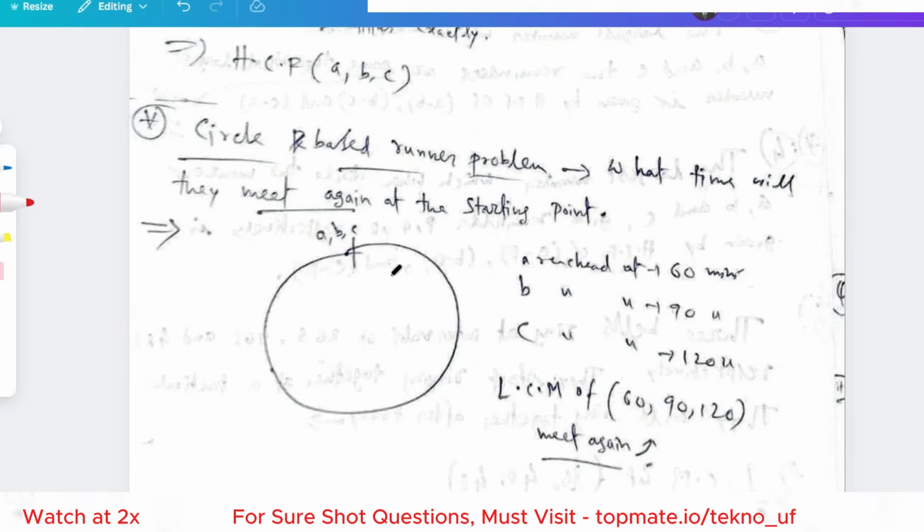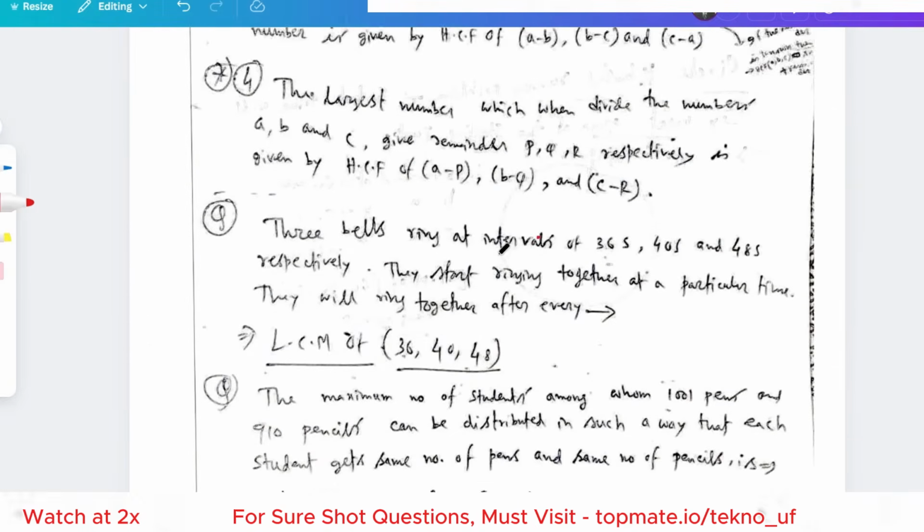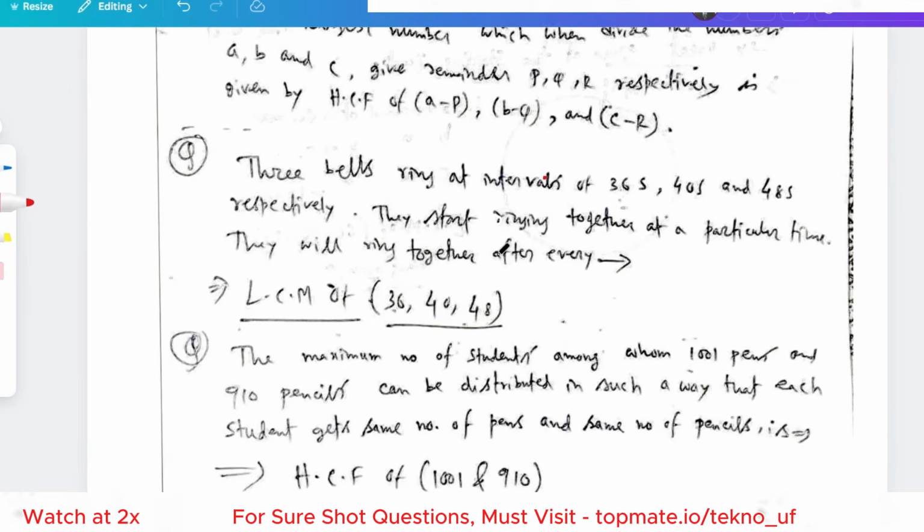Please go through that. So let me share a few examples so that it will be easier to understand. Okay, so if three bells ring at intervals of 36 seconds, 46 seconds, and 48 seconds respectively, and they start ringing together at a particular time, they will ring together after every how many seconds or minutes?